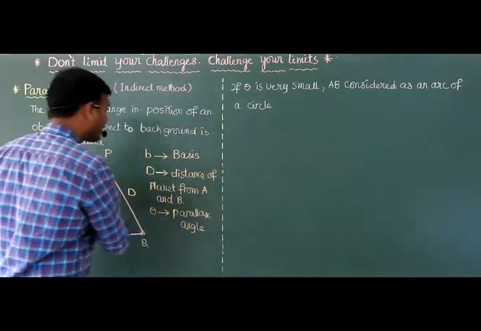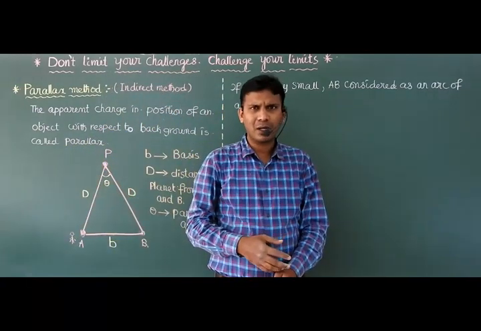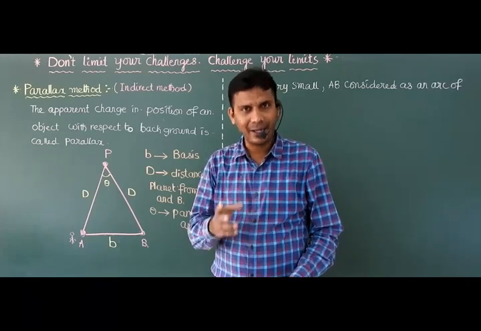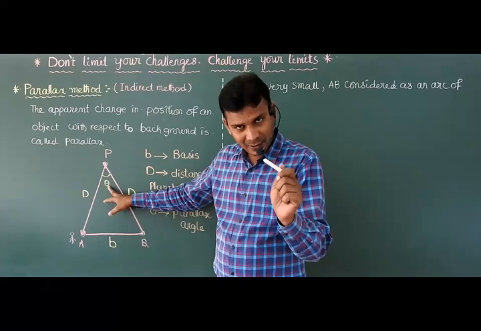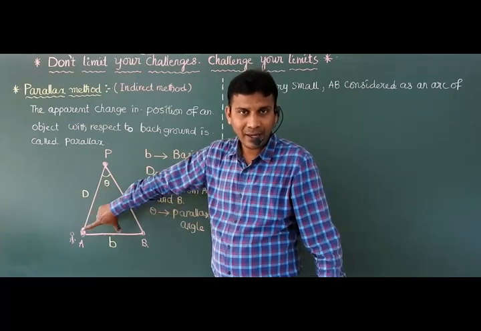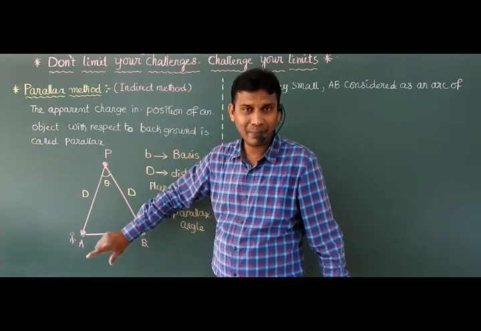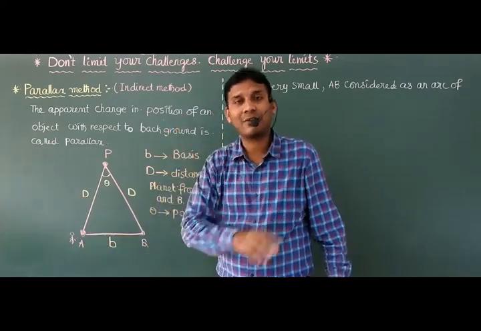Sir, theta is not small, it is not a straight line, so why are you considering an arc? The condition is, if this theta is small, then AB becomes the length of an arc of a circle.